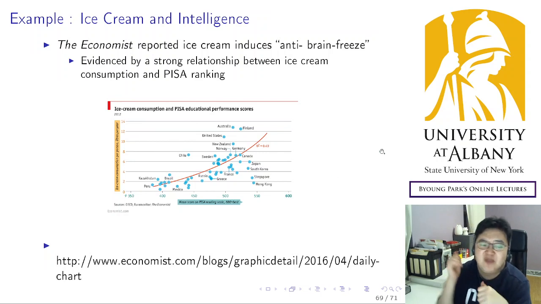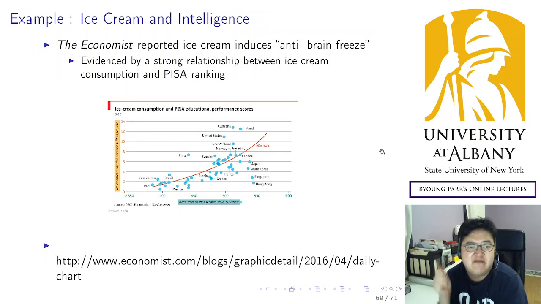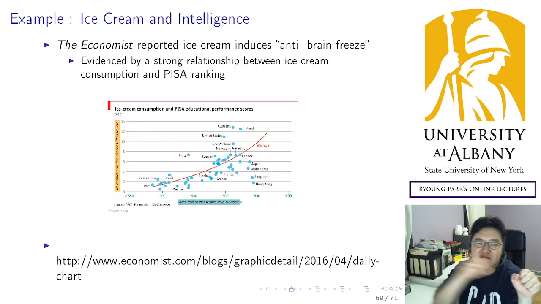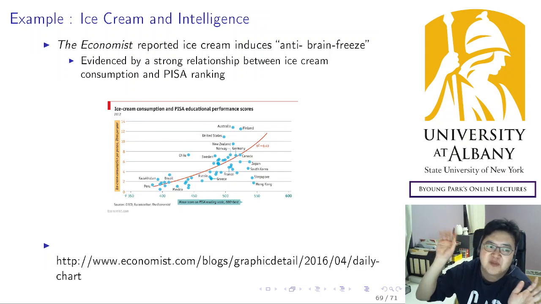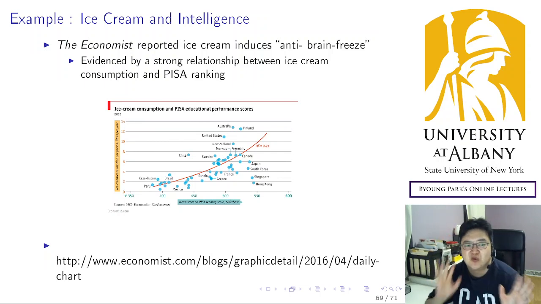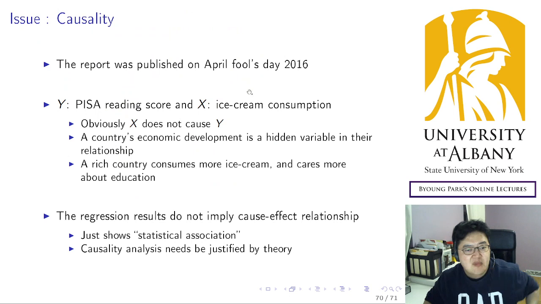At the same time, GDP per capita will have a very strong positive correlation with ice cream consumption. So as a result, through the GDP per capita, it looks like reading score has a positive correlation with ice cream consumption. So the confounding variable is the GDP per capita, for example.